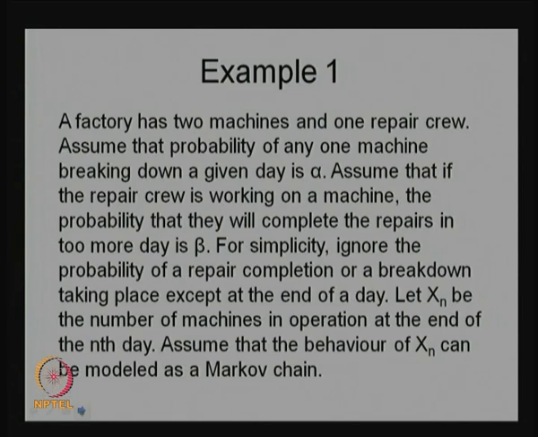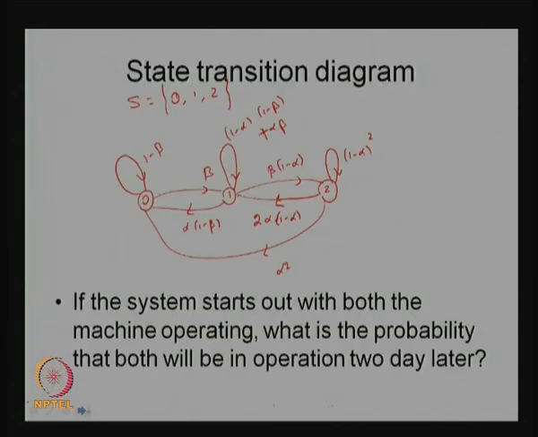Here the clue is that at time 0, or the 0th step, both the machines are operating. Therefore, X_0 is equal to 2 with probability 1.